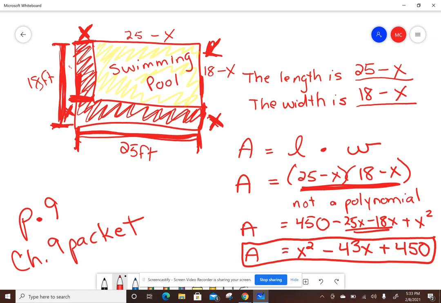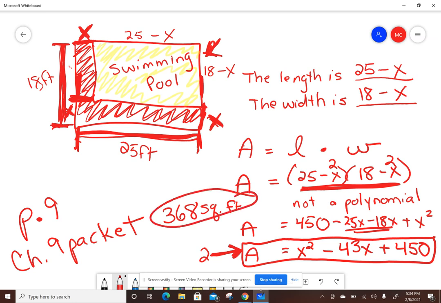Then it tells me, well, suppose you substitute 2 for x. Well, I could put a 2 for x in this whole thing, which would take a little while, or I could put a 2 here, and then I just do 23 times 16, which I think is easier, but I get 368 square feet.